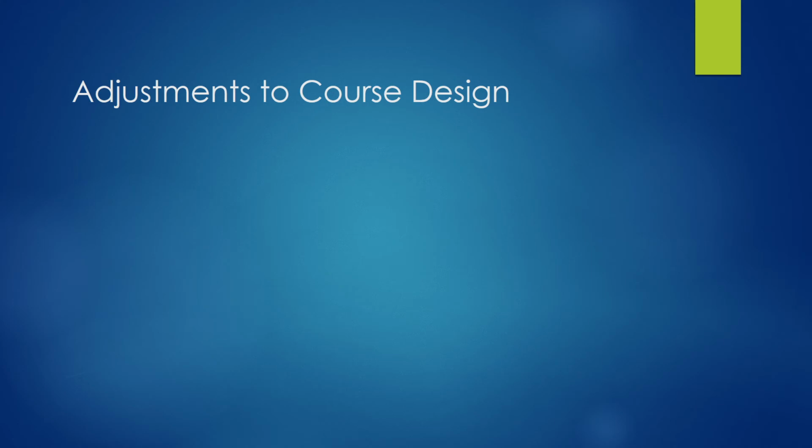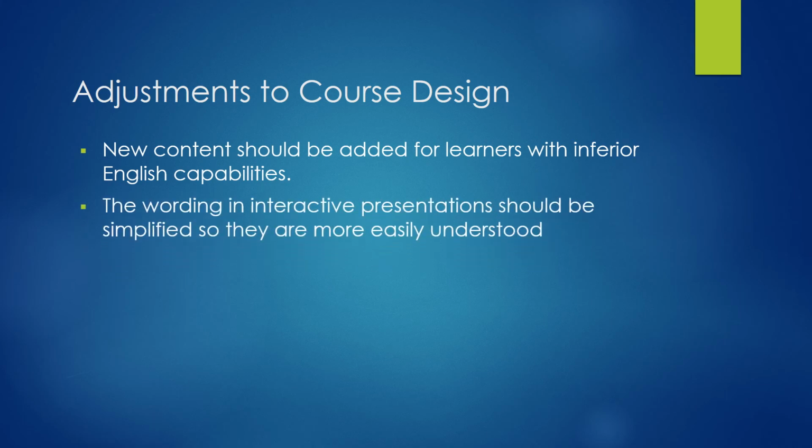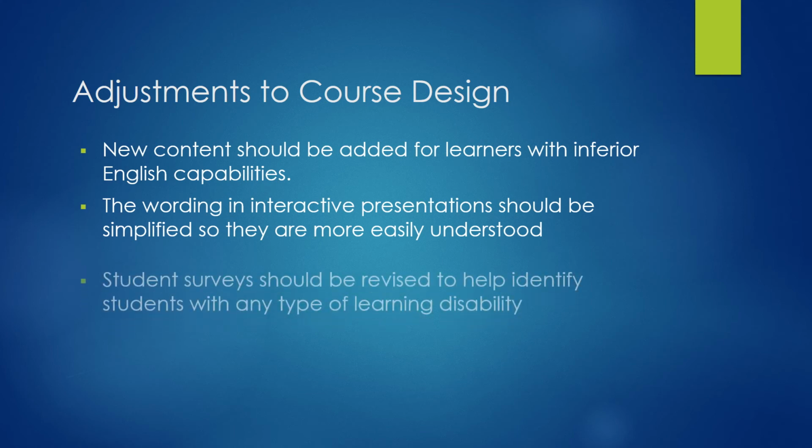To minimize the likelihood of these same problems reoccurring in future courses, some adjustments are necessary. New content should be added that is specifically geared for learners with low English comprehension levels. Existing content should be revised to simplify the wording so it is more easily understood.